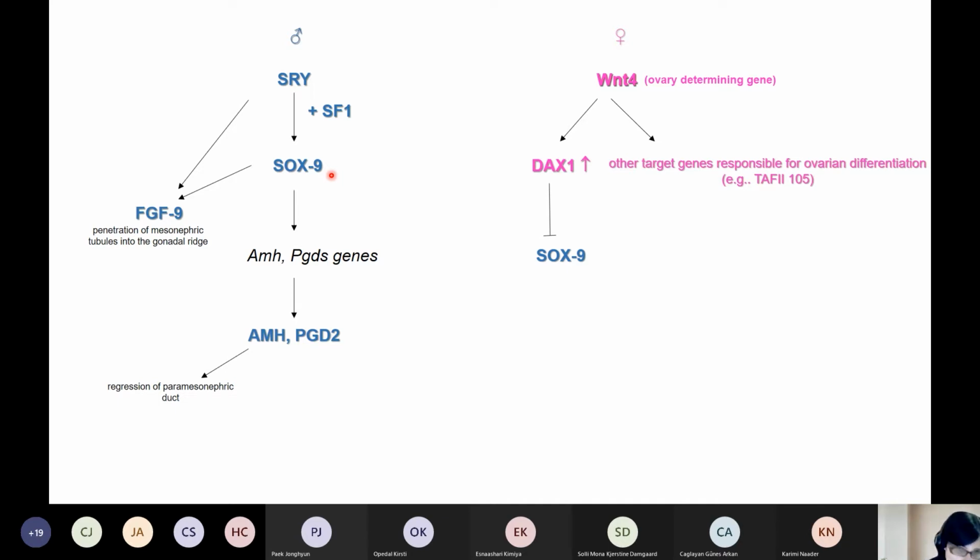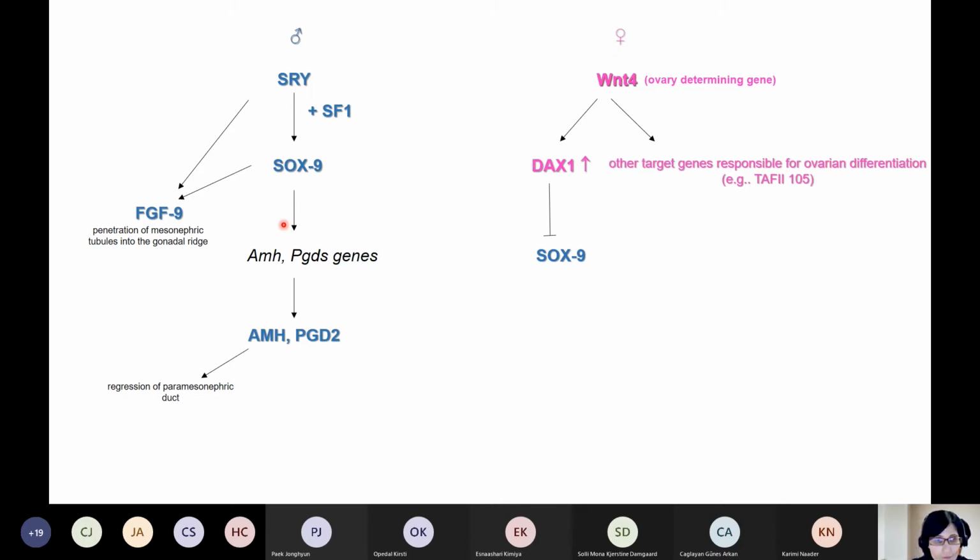If we have SOX9 upregulation, male development will occur. SOX9 acts on different genes related to the male development. Of course, many SRY and SOX9 target genes are not yet known.